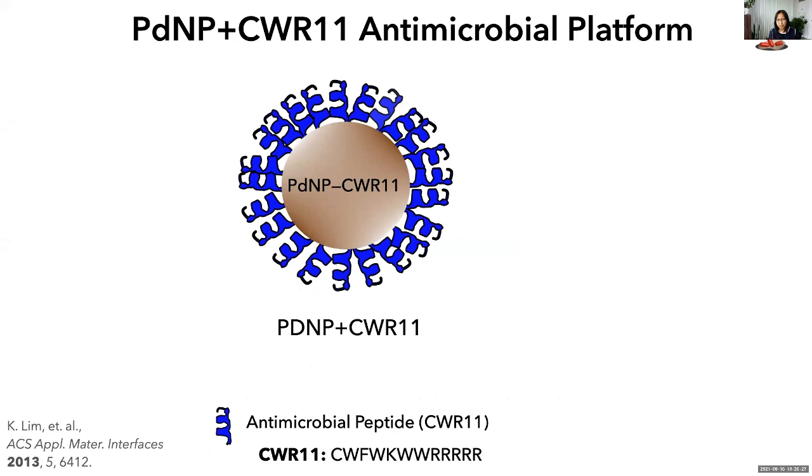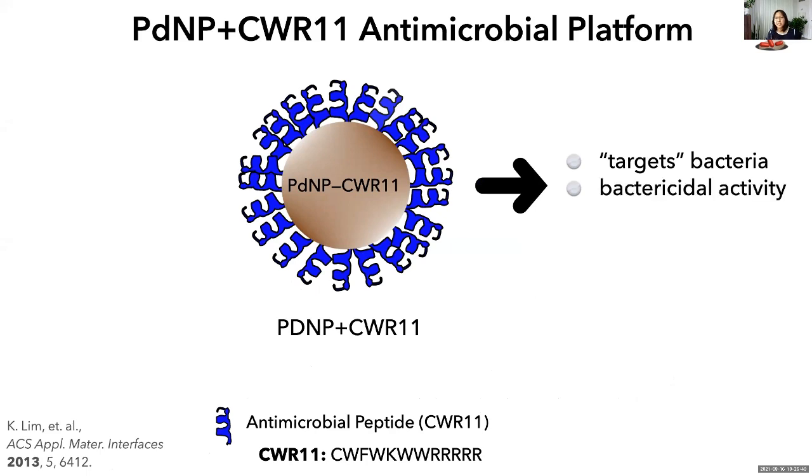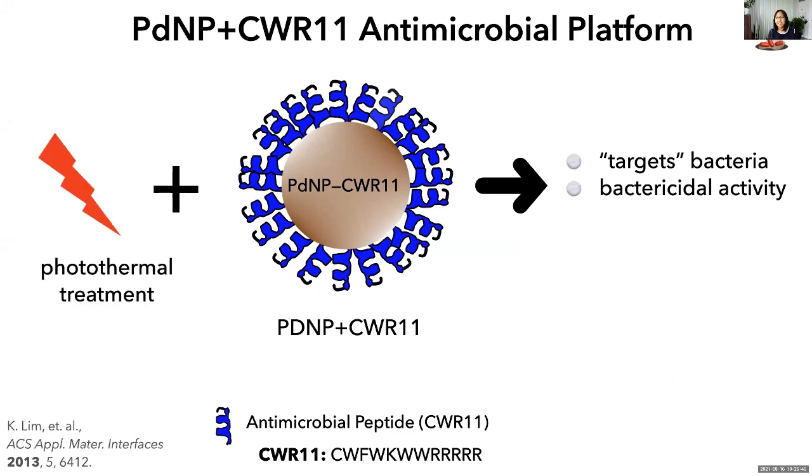Number one, it could target bacteria, which just means it is more selective to bacterial membrane than mammalian cell. And second, because it's an antimicrobial peptide, it has its own intrinsic bactericidal or lytic activity. Add to that the photothermal treatment that is inherent in PDNP, and we have laser activated killing in addition.